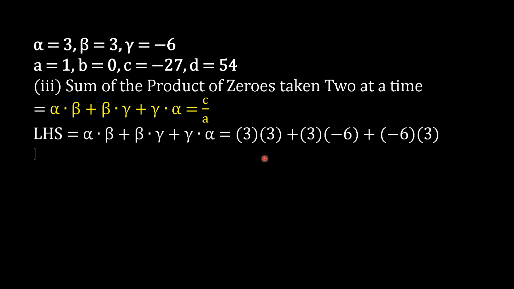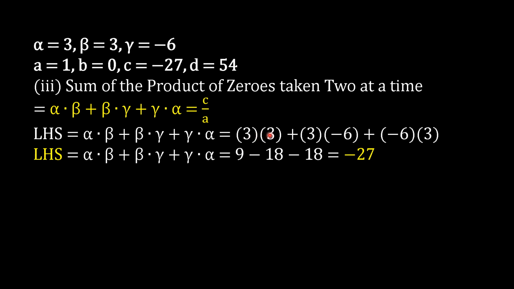So this works out: this is 9, this is minus 18, this is minus 18, and this gives us the left hand side as minus 27.